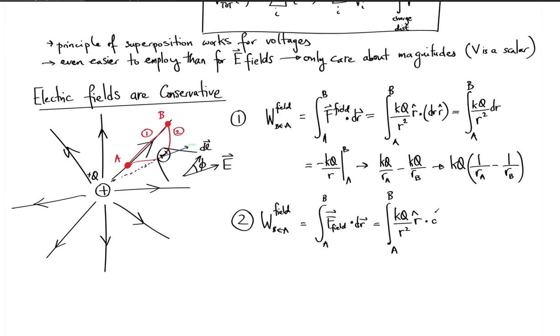So this is dotted with dl. If we look at this, the projection of dl onto E is basically what we want, because we basically want E dot dl.